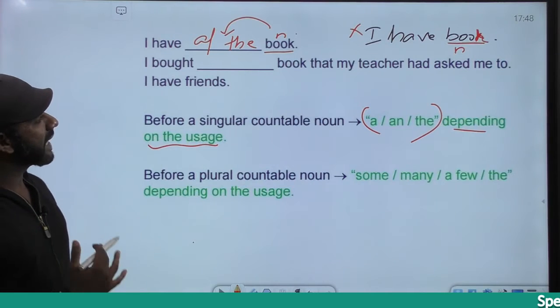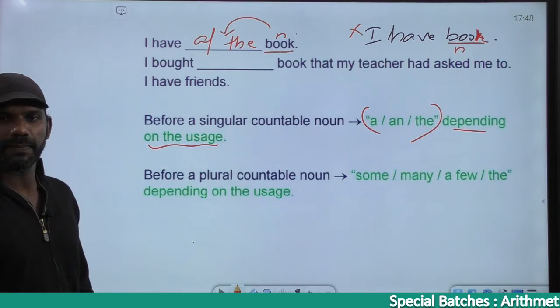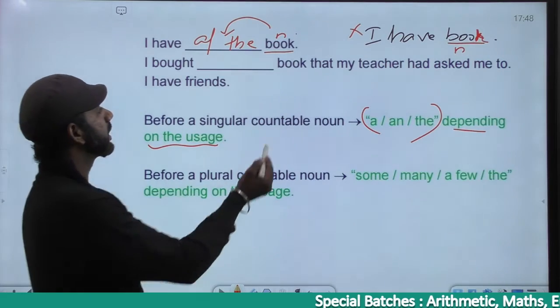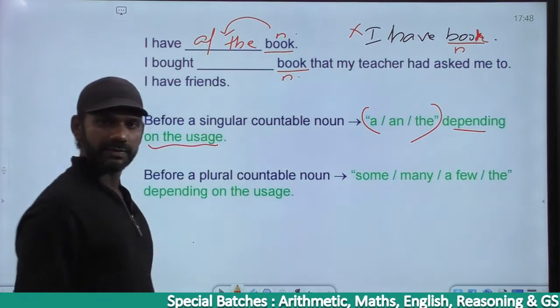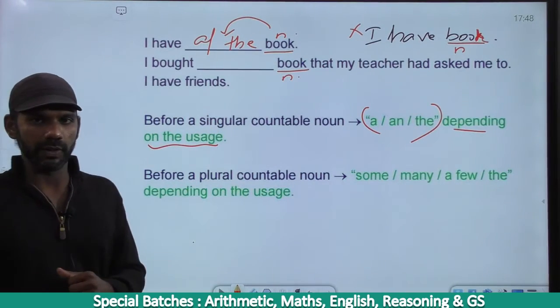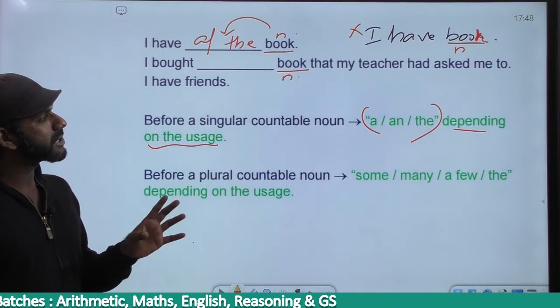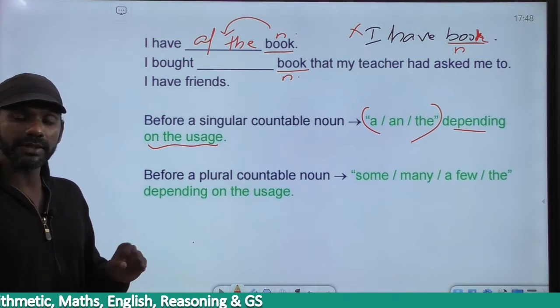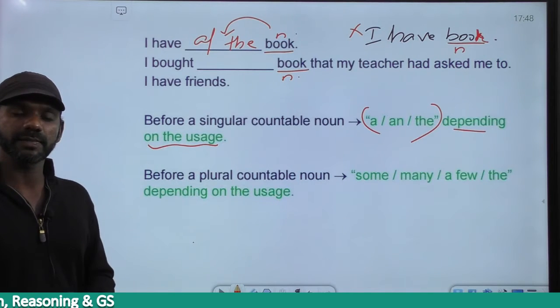I bought dash book that my teacher had asked me to. Book is a singular countable noun. So before book, any of these will be there. Fine. And an book is anyway wrong. Right. Now decide. I have a book that my teacher had asked... I bought a book that my teacher had asked me to, or I bought the book that my teacher had asked me to?